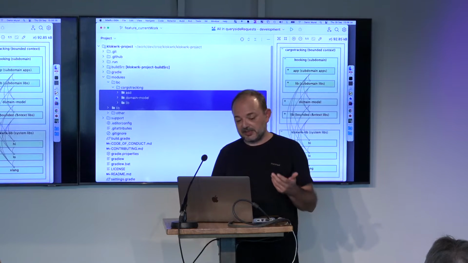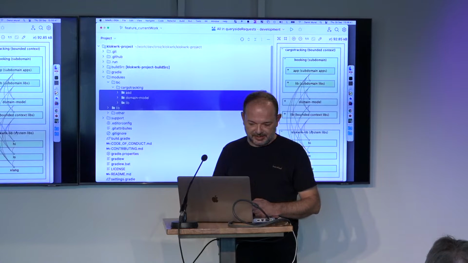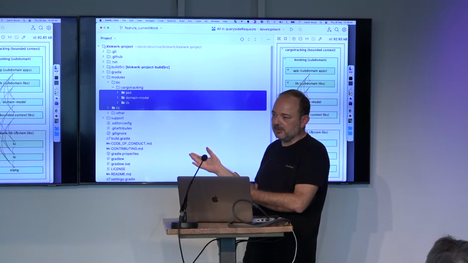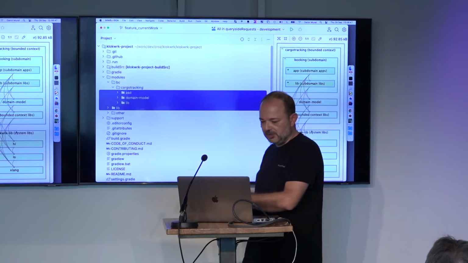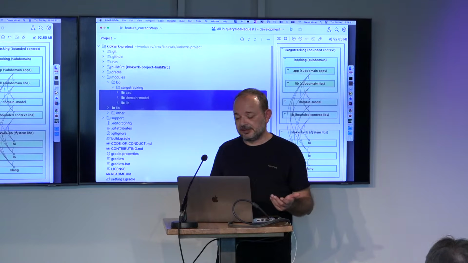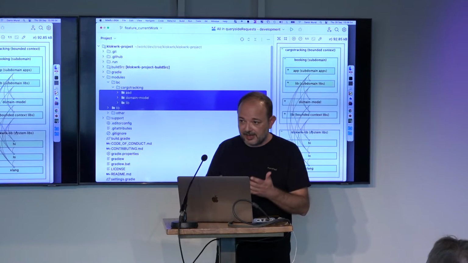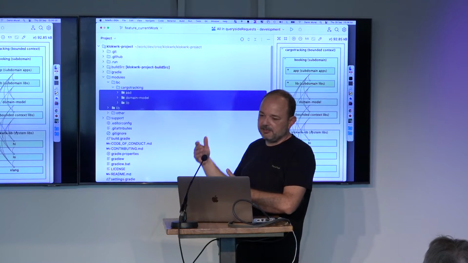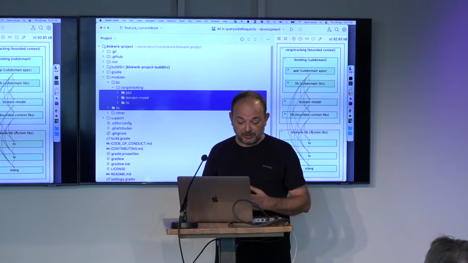Then bounded context libraries, and finally system libraries. And again, I have a match between conceptual directions in the model and the physical directions at the file system. So I can navigate through the code in the same way as I imagined in the model.